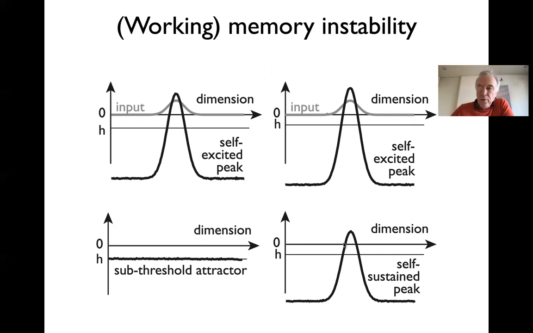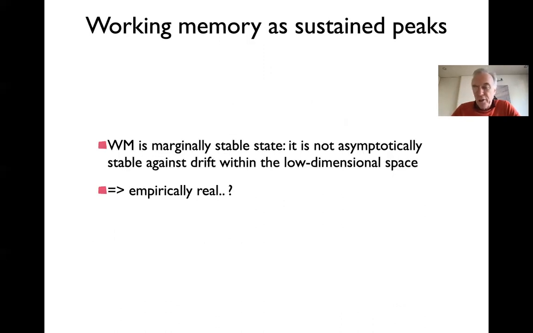So this would lead to some drift that could be random, inducing increasing variance over time. It could be systematic if there is some inhomogeneity, if there's a little bit of a tendency to move to the right or to the left in general. And that actually turns out to be empirically real. It's one of the experimental signatures of this mechanism for memory.